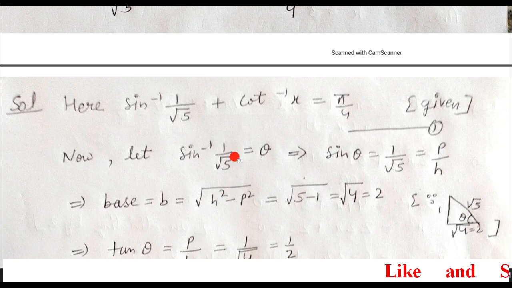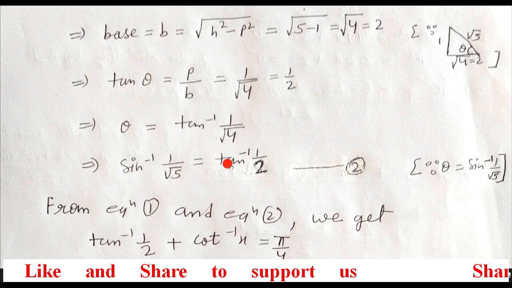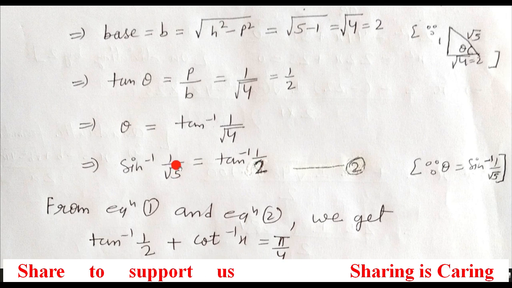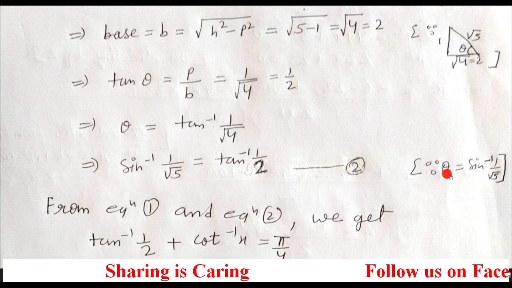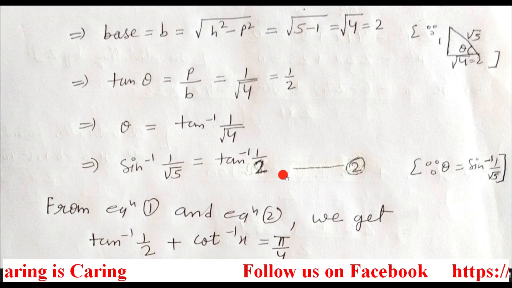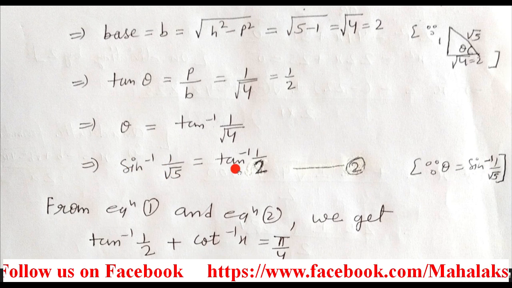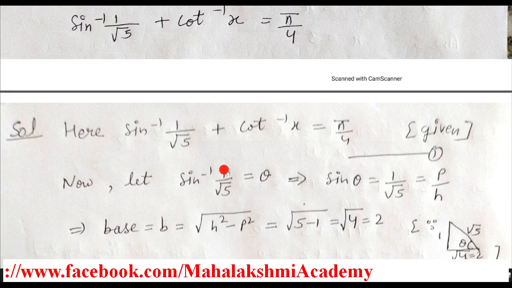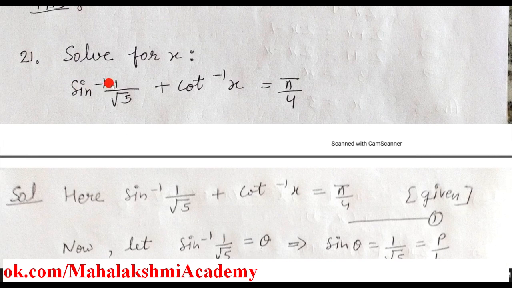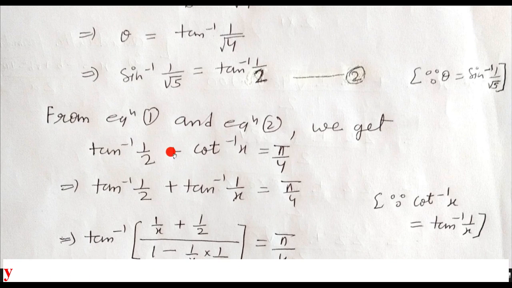Now theta's value: what we assumed initially is theta as sin inverse 1 upon root 5. So we replace theta again by sin inverse 1 upon root 5, because we assumed it initially. So students, that's what we obtained here. Sin inverse was converted successfully into the form of tan inverse. So in the given question, instead of sin inverse 1 upon root 5, we will now write tan inverse 1 upon 2.